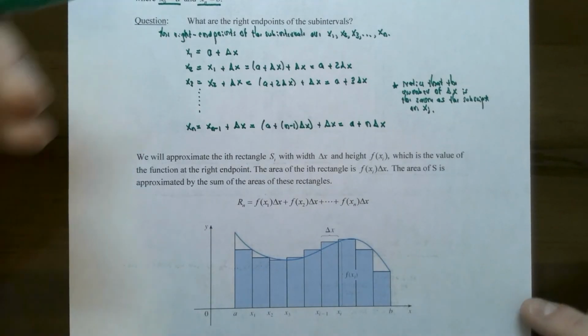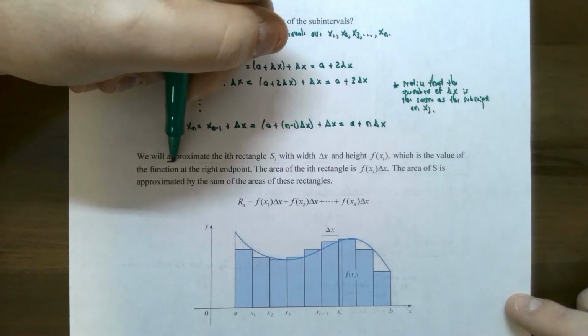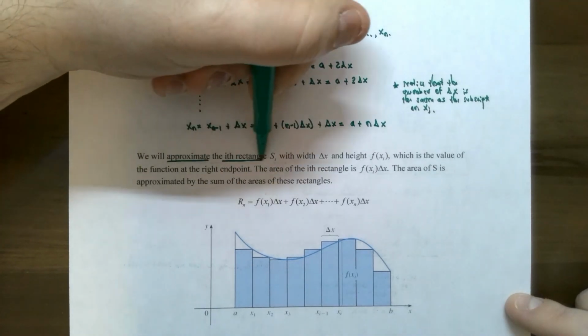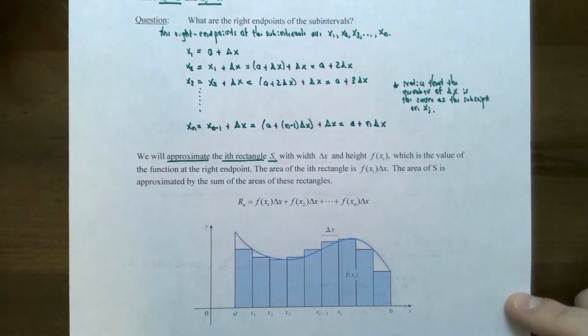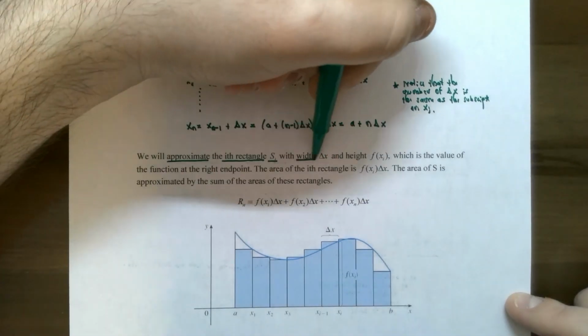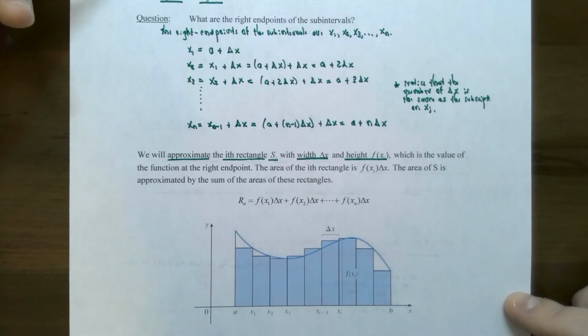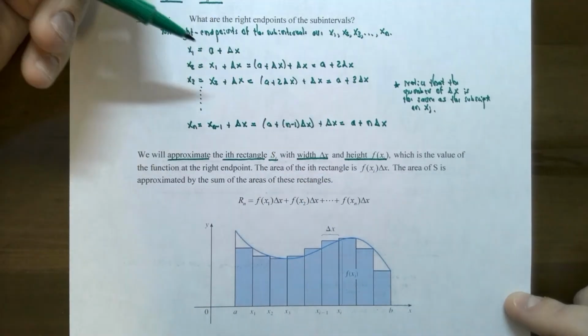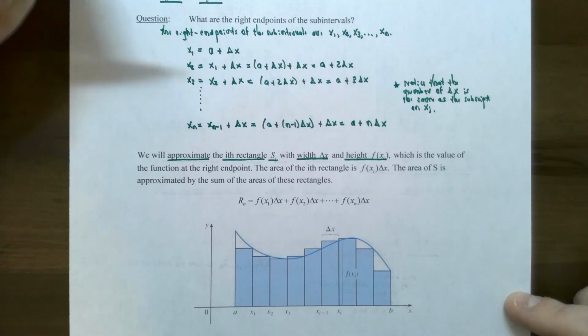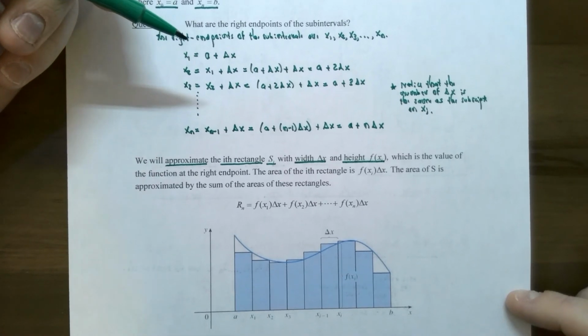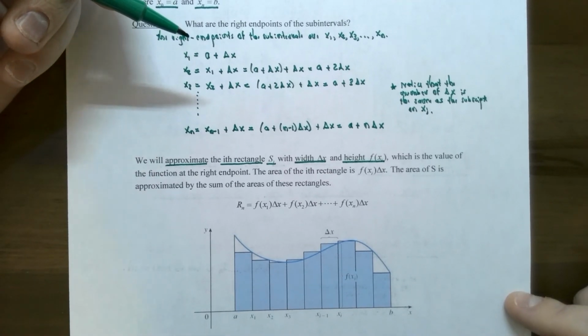So now we're going to approximate the ith rectangle, which is S sub i, with a width delta x, and the height is f of x sub i. So the x sub i is either the left endpoint or the right endpoint, or as we go through this section, it could also be the midpoint of each interval.